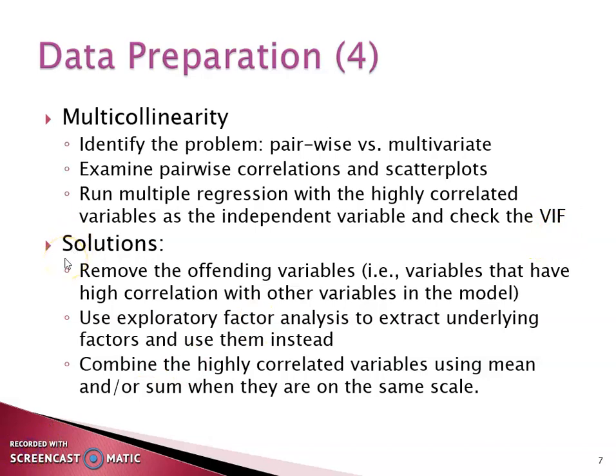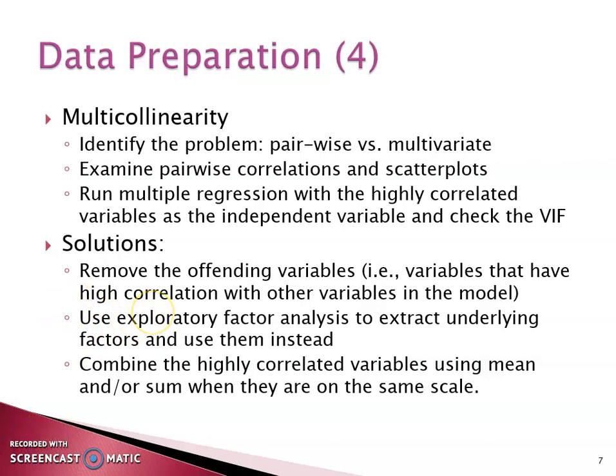If there is a problem with multicollinearity, there are several possible solutions. First, out of those highly correlated variables, only keep the one that is most relevant to your dependent variable and remove the others.